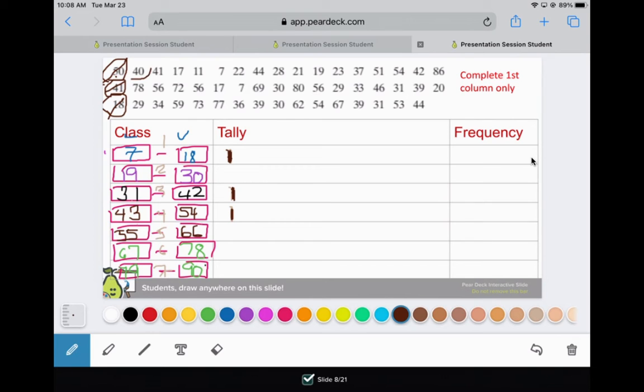Let's do the next number, 40. Okay. So for number 40, I'm looking over here. 40 should be between 31 and 42. So I'm going to make another tally right here. Right? Because 40, look over here, is class number 4, which is between here.